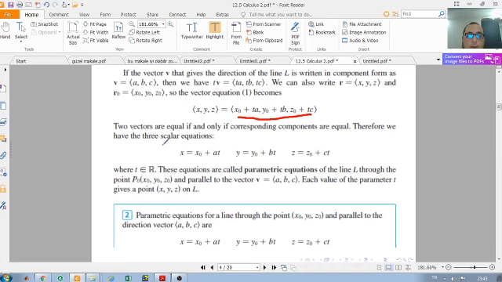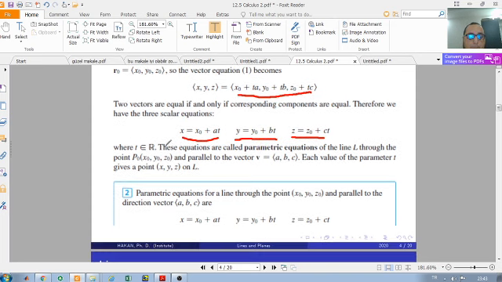So two vectors are equal if corresponding components are equal. Therefore, we have the three scalar equations: x0 plus t times a is equal to x, y0 plus t times b is equal to y, and z is equal to z0 plus c times t, where t is any real number.